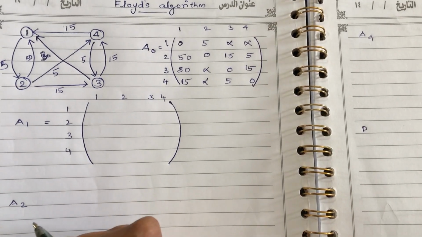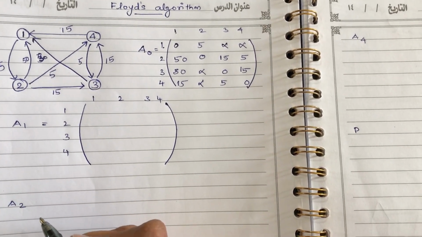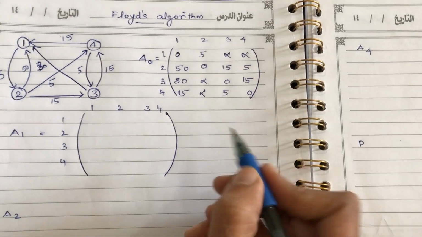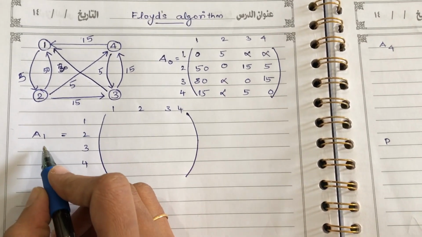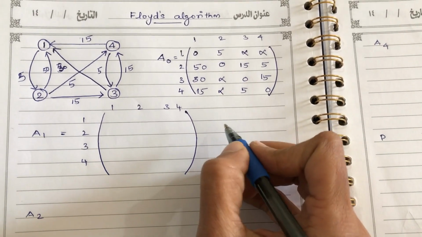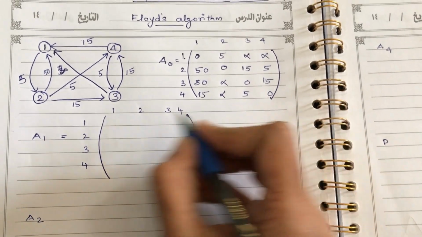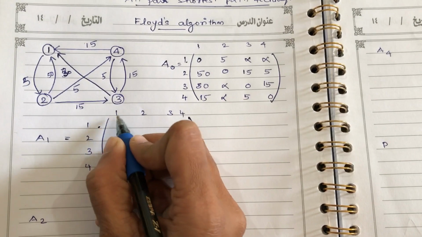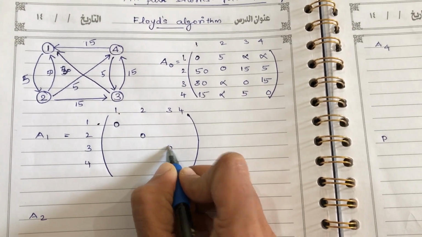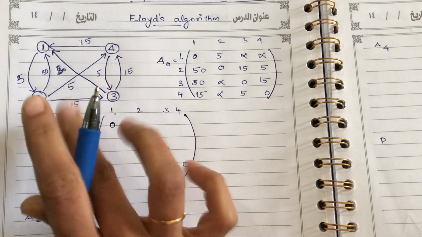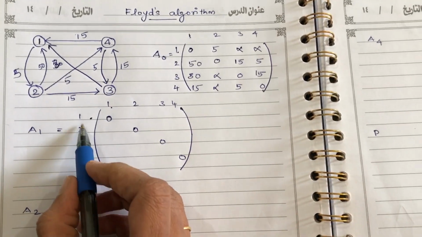How we will change the values: we will now construct an intermediate matrix A1. When we want to construct a path from 1 to 1, it is 0, so just make this diagonal 0. This value will never change because we don't have any loops there.